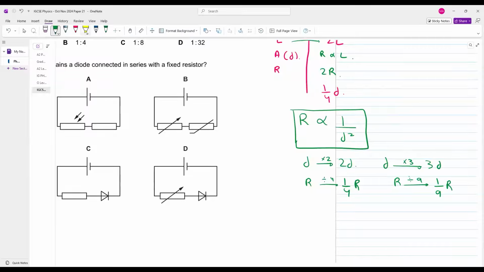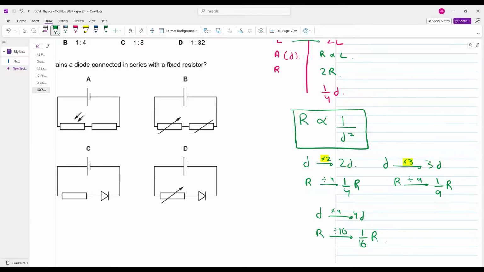By whatever factor your diameter increases, the resistance decreases by the square of that factor. If your diameter increases by a factor of 4, your resistance will decrease by a factor of 16, 1/16. Okay, by whatever factor your diameter increases, your resistance decreases by the square of that factor.